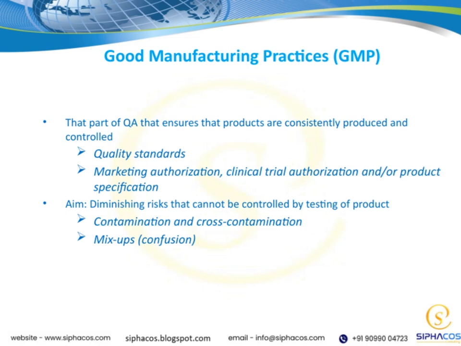The main goal here is to minimize risks that can't be entirely eliminated through testing alone. For example, contamination and cross-contamination are major concerns, and we need robust measures to prevent them. Similarly, mix-ups or confusion, such as labeling errors or mistaken identity, must be carefully controlled to ensure safety.